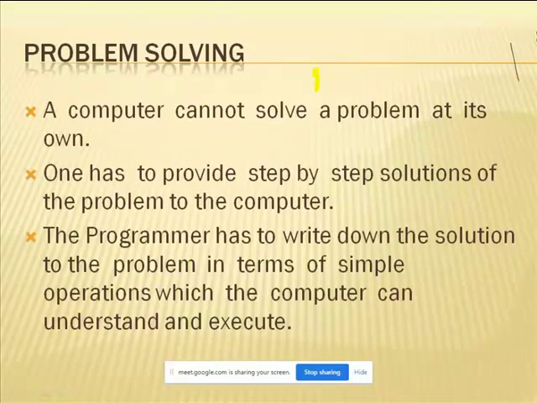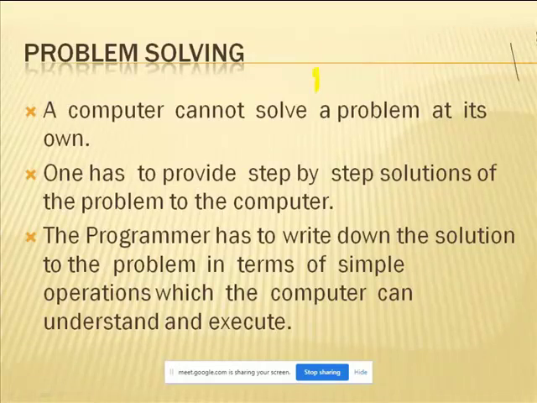So always the programmer has to write the programming languages or programming code. As you people are asking, what is Java, what is C, what is C++. The source code is there, right?